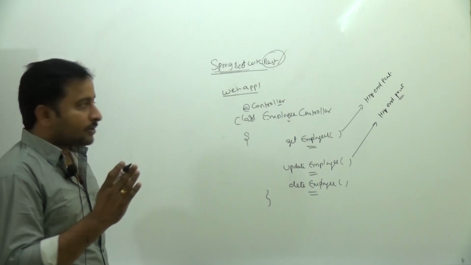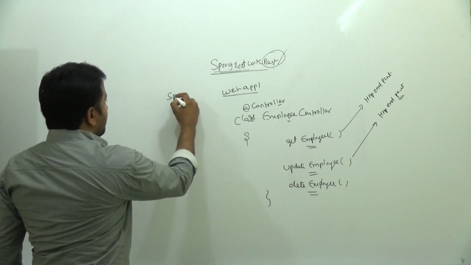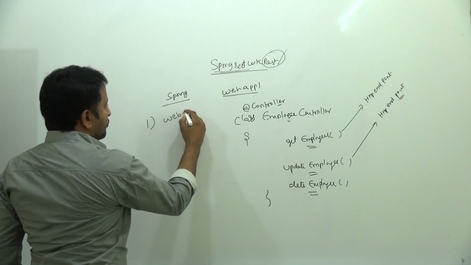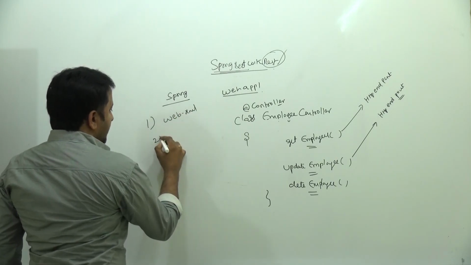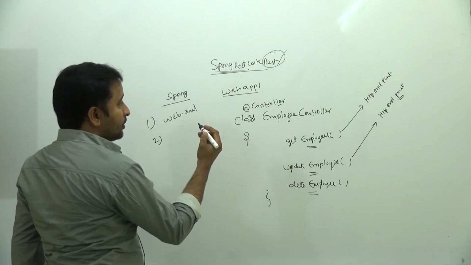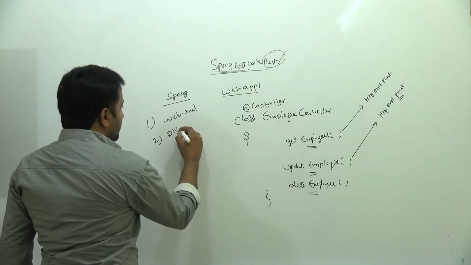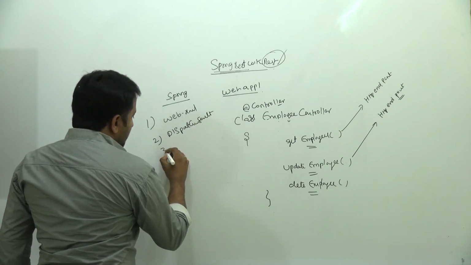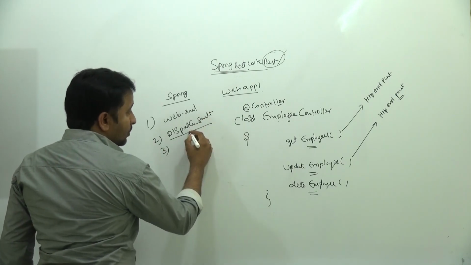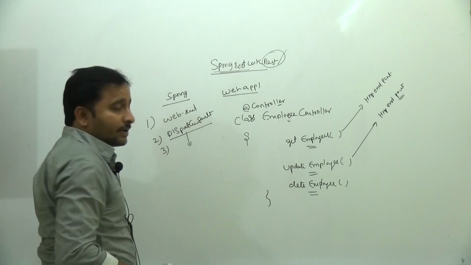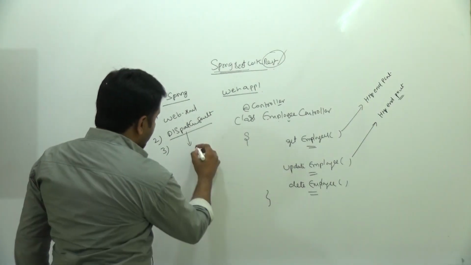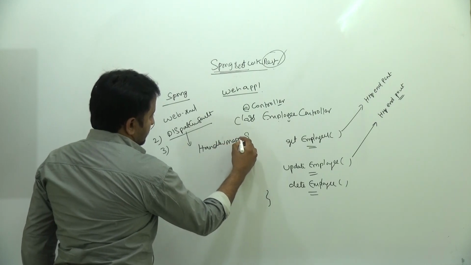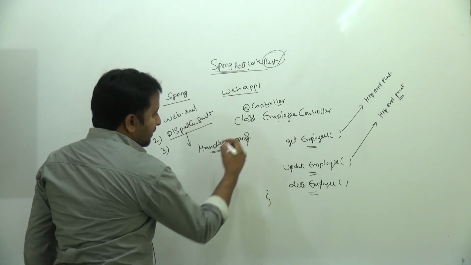The earlier steps are common. In case of Spring, whenever we develop any application, the programmer has to write the web.xml file, and second, configure the dispatcher servlet. Not only the dispatcher servlet configuration, he has to configure the handler mapping too. The programmer has to take care of all these things.